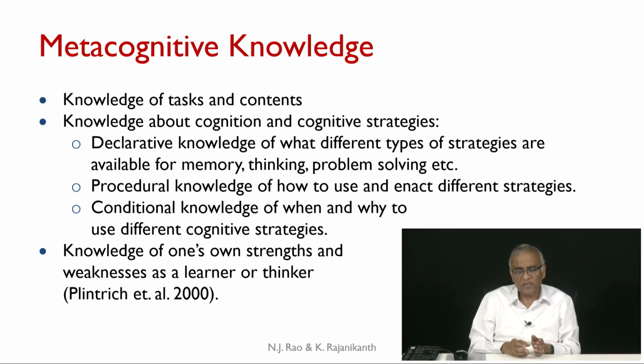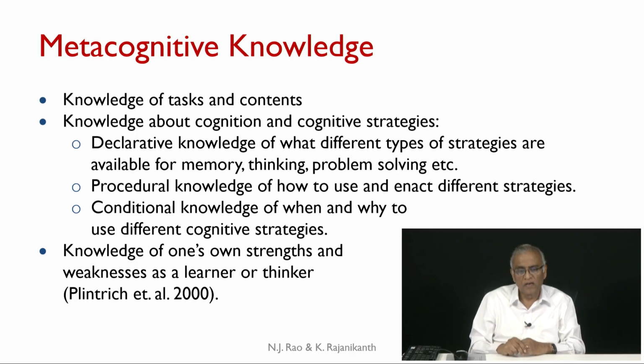That means what strategies do I have for transferring from temporary memory to long term memory. What are all the strategies that I have? Do I know of those strategies? Similarly for thinking, similarly for problem solving. So am I aware of these strategies?